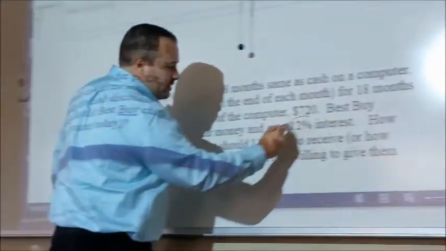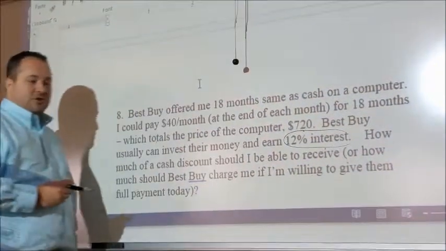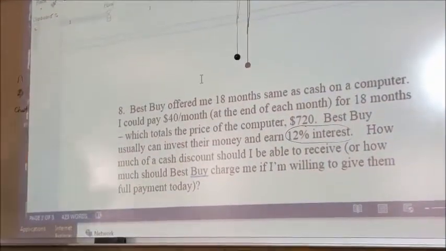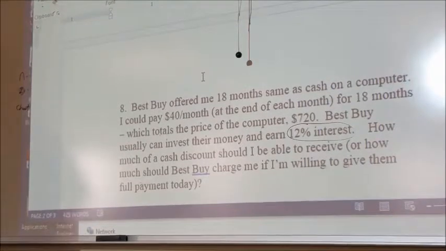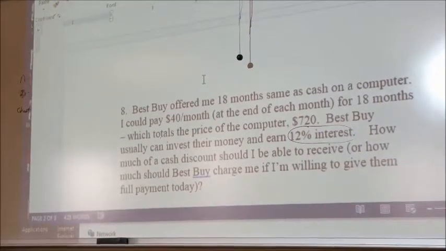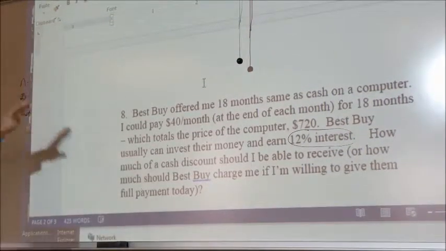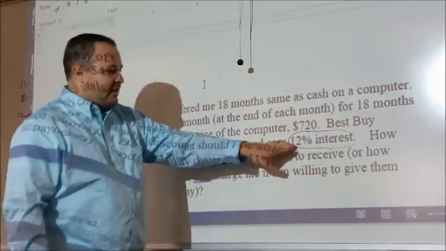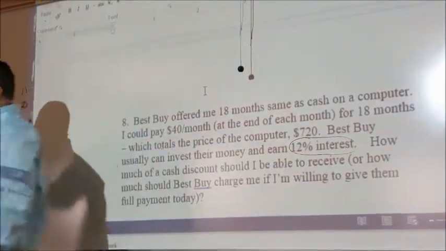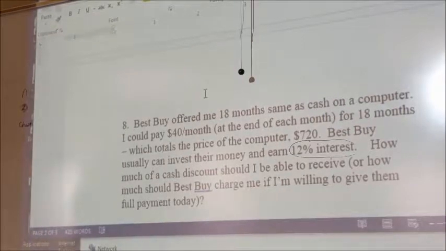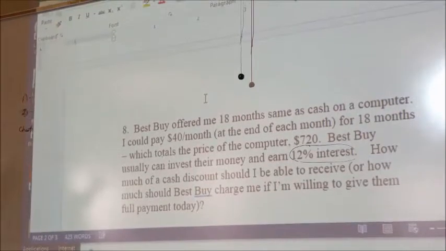And I assumed, and I think it's a pretty low assumption, I said, well, if Best Buy has a 12% internal rate of return, meaning they can take my money, and let's say I give them $1,000, within a year they could earn 12% on that.